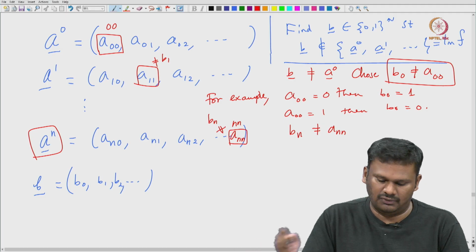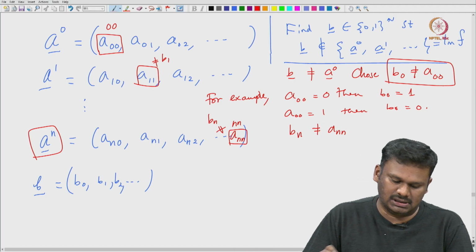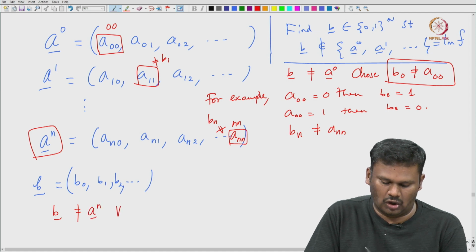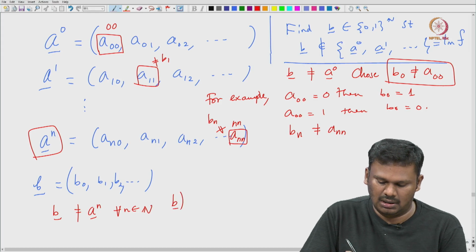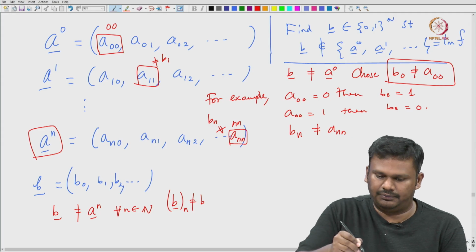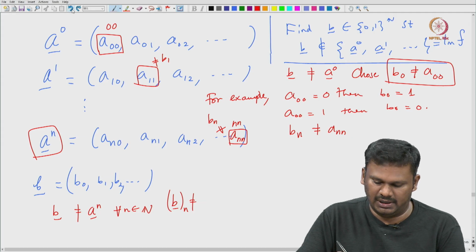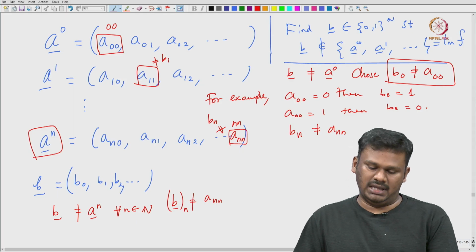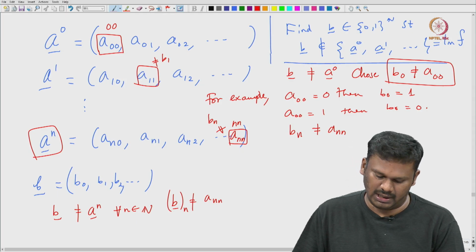So, that way we actually make this sequence B bar and the way we constructed B bar will be different from all this A n bar for all n in N. That is because the nth place of B bar will be different from the nth place of A n bar. Okay.